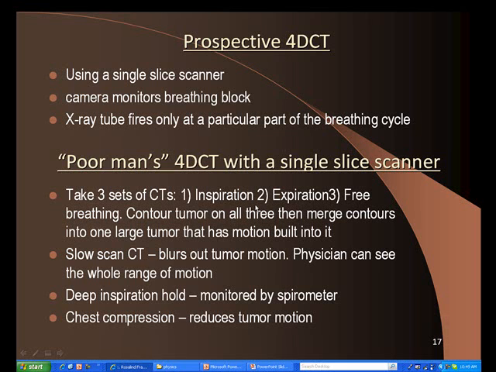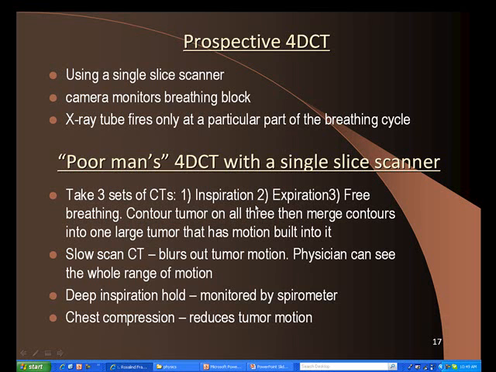Now, prospective means that you still have the camera, you still have the marker block, and we're going to monitor the patient's breathing. We can see the little sinusoidal wave, and we can pick the bottom of the breathing cycle and say, we want to treat at this breathing cycle. So we evaluate breathing before we do the scan.